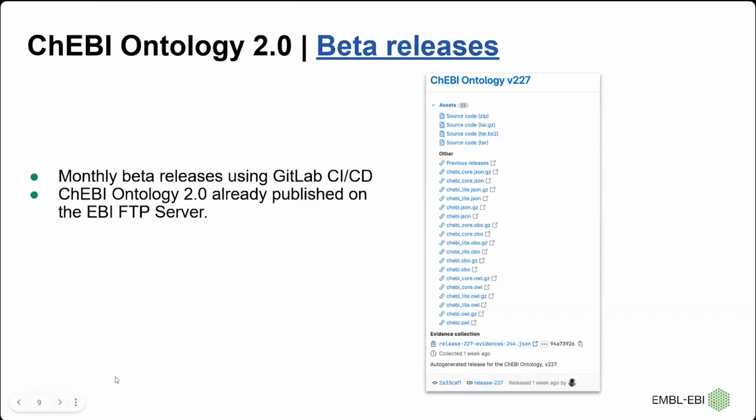Another important thing to mention is that we have beta releases at this moment. So you guys can download ChEBI OWL and play with the ontology right now. We implemented our beta releases using GitLab CI/CD, and at this moment it's available and published on the EBI FTP server.